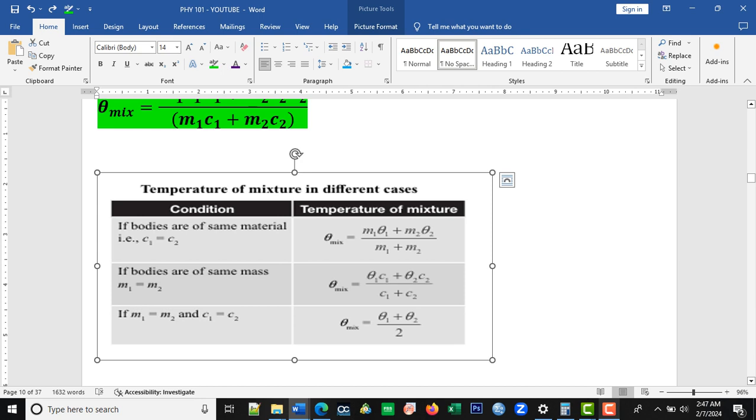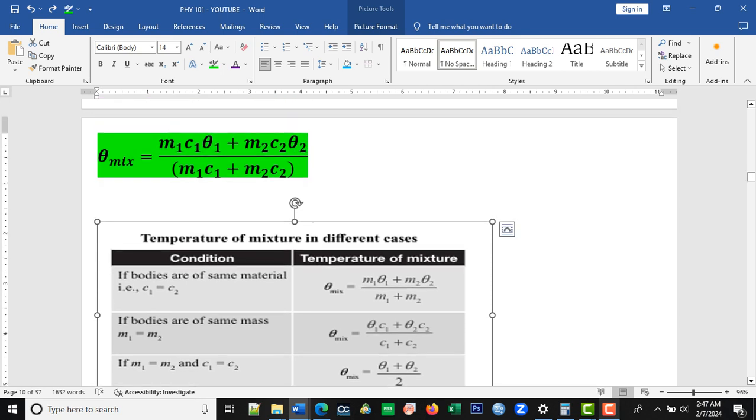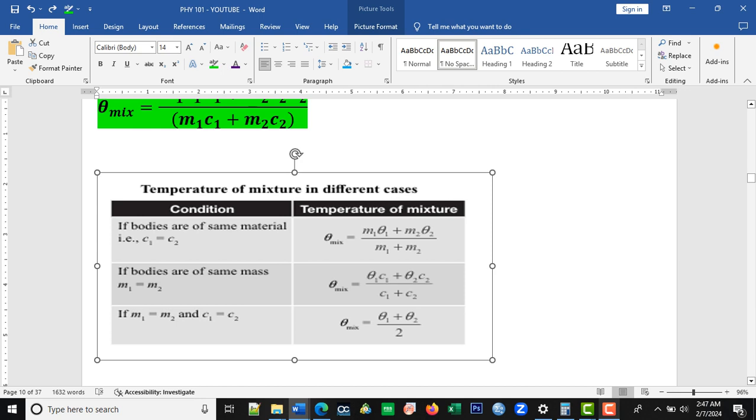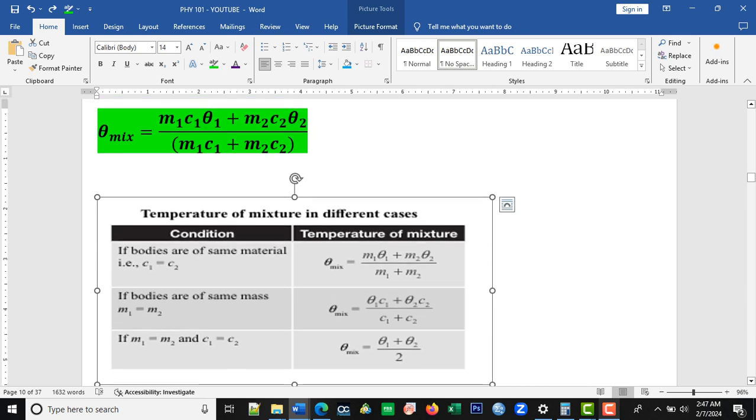That is when the expression has a common specific heat capacity. Okay, but if the masses are the same, like if M1 is equal to M2, then the expression will, in short, M would be eliminated from this expression.